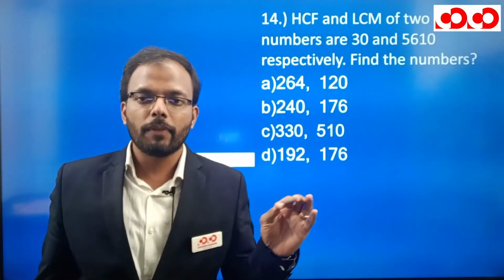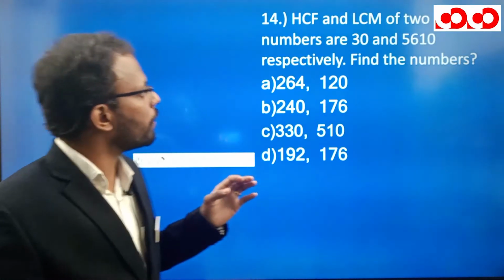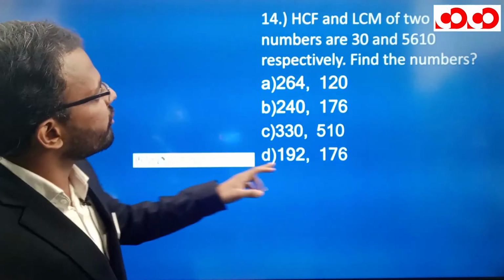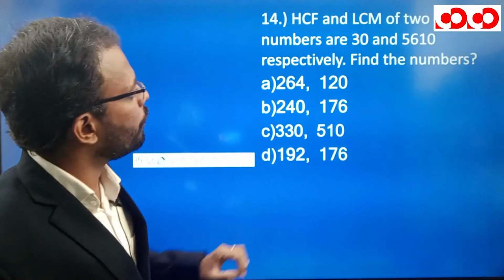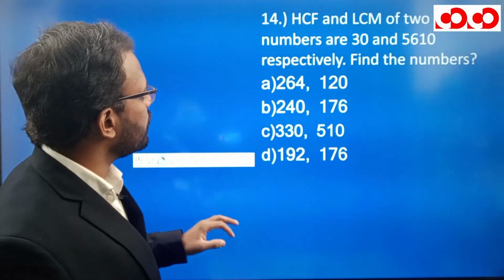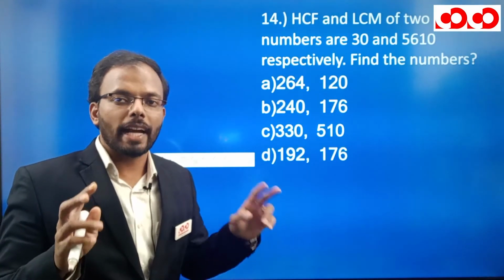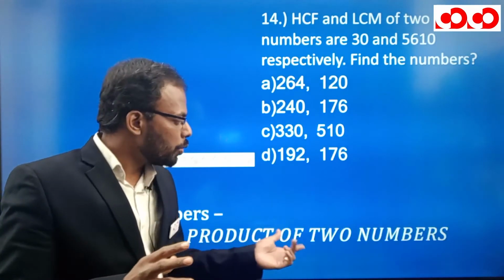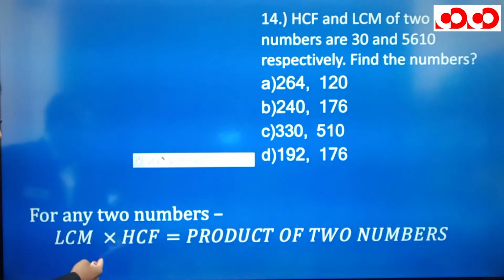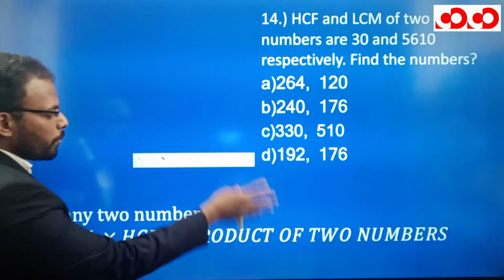It is based on HCF and LCM, and we know that it is a part of number system. So the HCF and LCM of two 3-digit numbers are 30 and 5610 respectively. Find each number. See, we should know that whenever we are given two numbers and their HCF and LCM, we should know this property. HCF into LCM of two numbers is equal to the product of the two numbers.